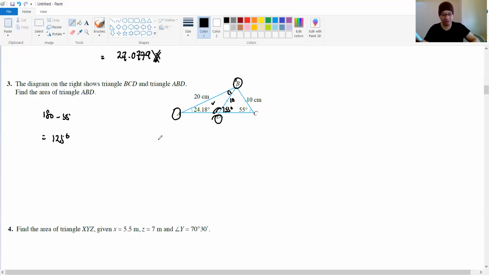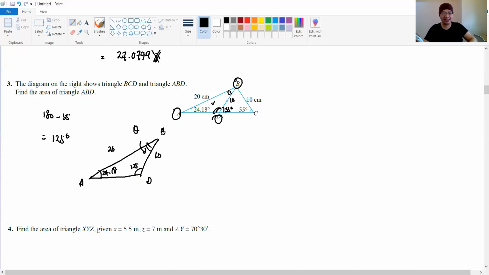Let me draw. Now this is the ABD, A, B, and D. This is our 20. This is our 10. This is our 125. This is our 24.18. Now, how much is this theta here?